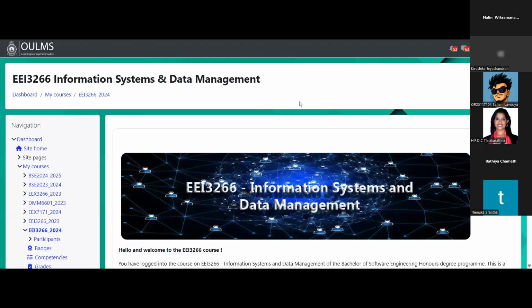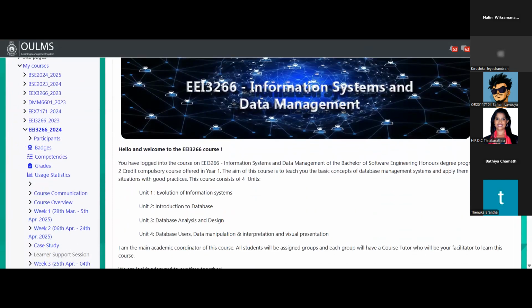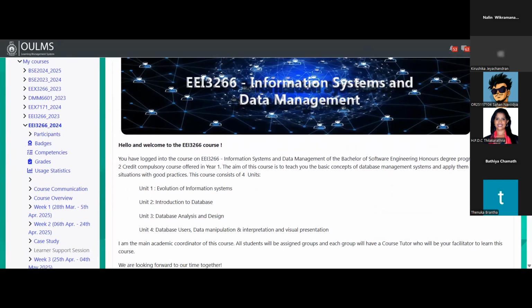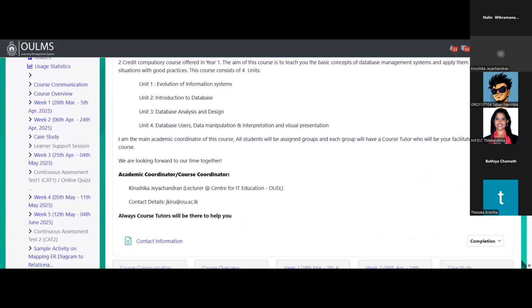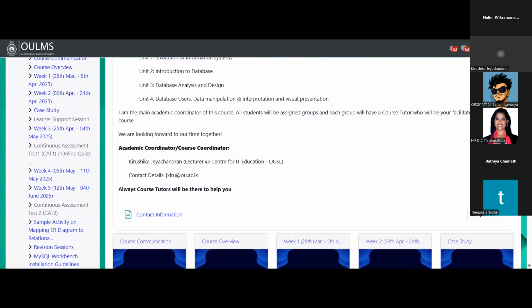hope you can see the screen with the previous year's LMS for this particular course. This is the main landing page of this course. And here, of course, you have the contact mail ID of the course coordinator.